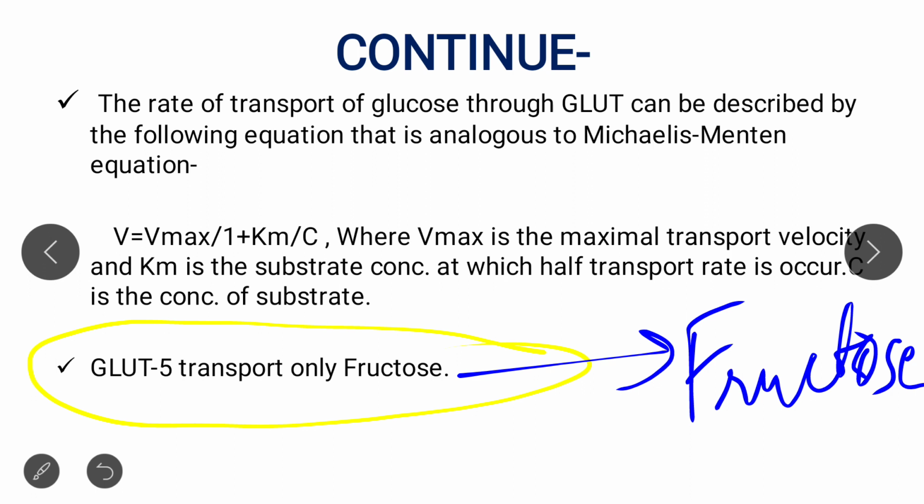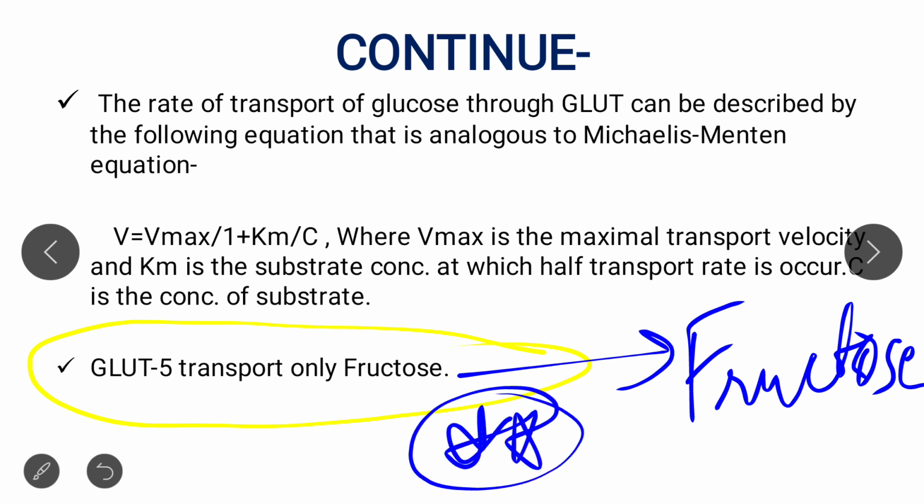This is an exception, and this point is very important from CSIR and other examination points of view. It may be asked which one of the following GLUT proteins transports fructose. The answer will be GLUT5.